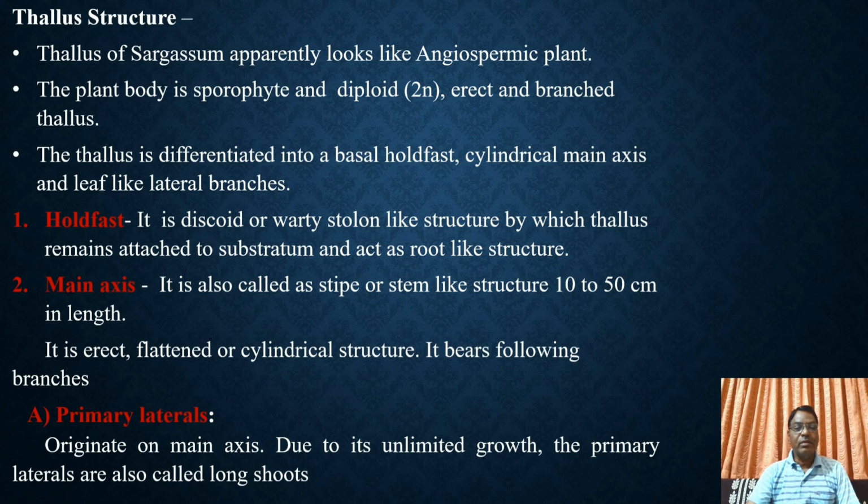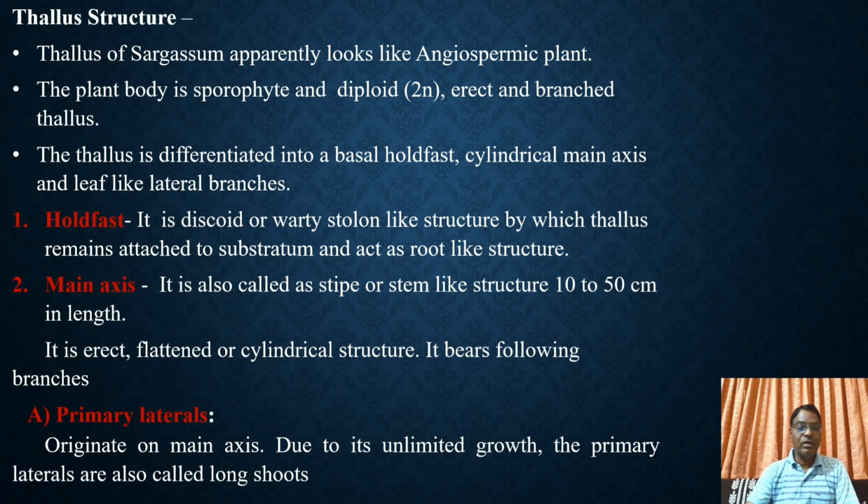As the main axis is the main part of the plant body, the thallus of Sargassum measures about 10 to 50 centimeters in height or length, and this erect, flattened or cylindrical structure, which apparently looks like a stem, is the main axis or stipe, and it bears different branches.